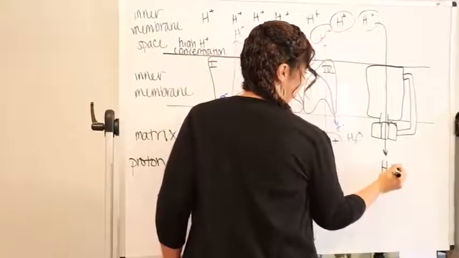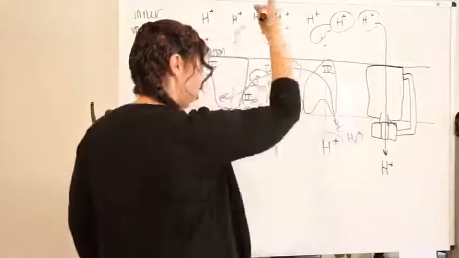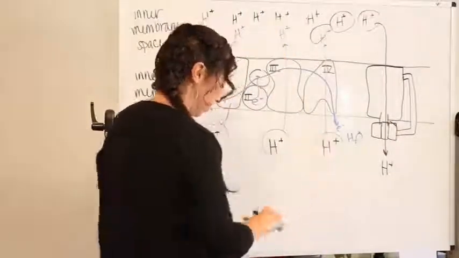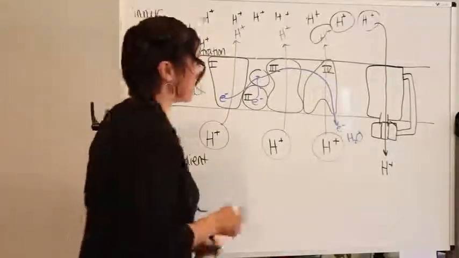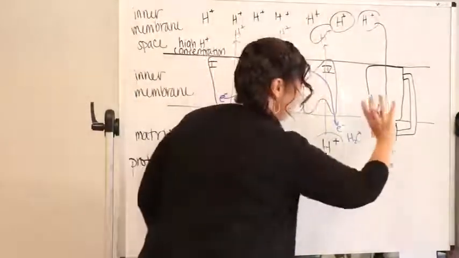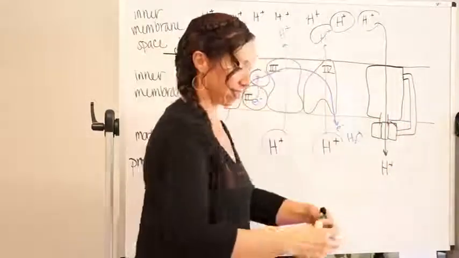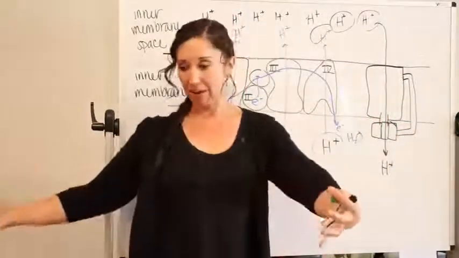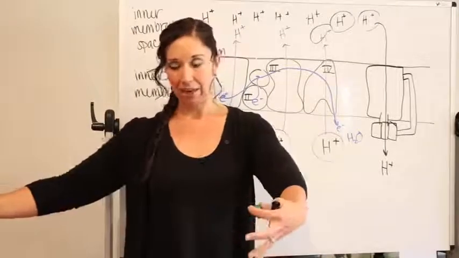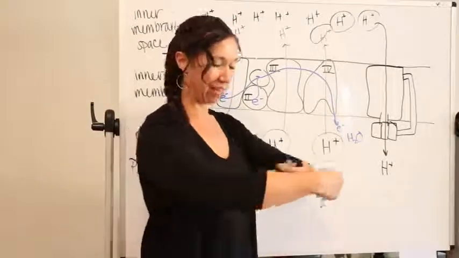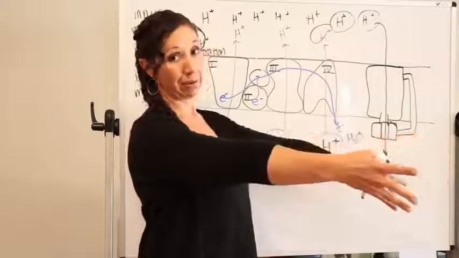These protons remain in the matrix and get shot back up again too. But here's the important part. The whole point of ATP synthase is that as this knob is turning, it's going to allow it to basically open its arms so ADP and a phosphate can come in, and as it turns, it puts them together and releases them as ATP.